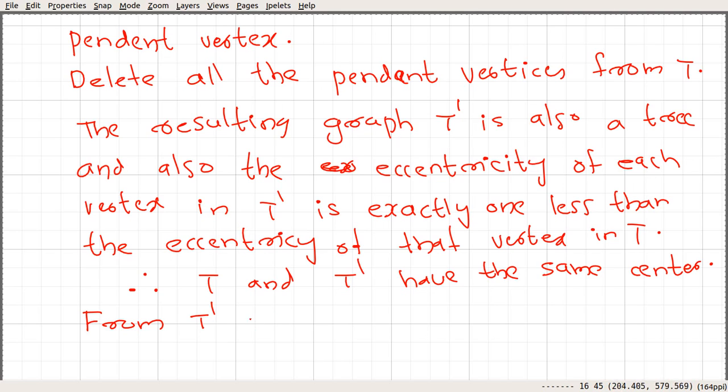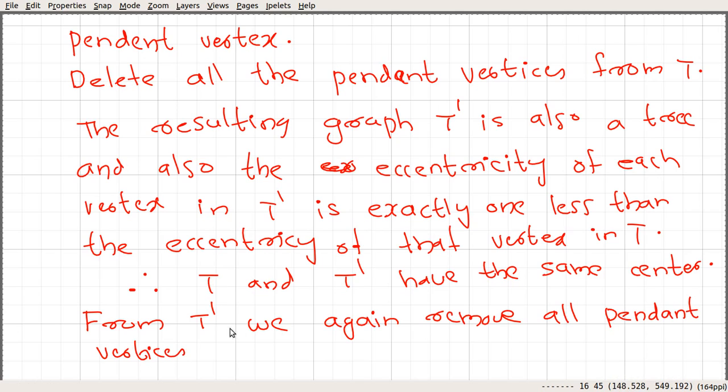So from T dash we again remove all pendant vertices and get another tree, say T double dash.